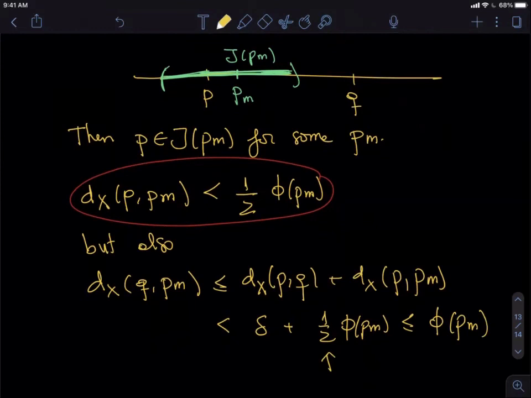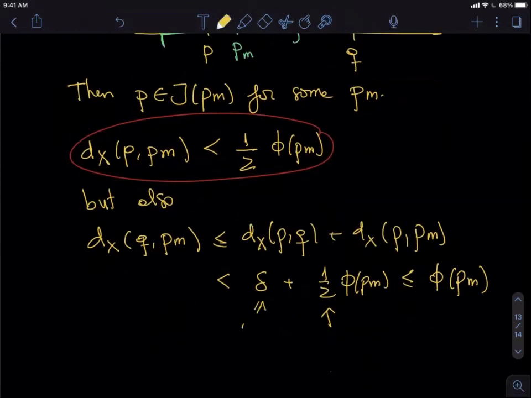Remember that I said, well, delta is small, so we can estimate by the half. But in this case, the delta is the minimum of all of them, so we can estimate by less or equal than 1/2 of phi of Pm.